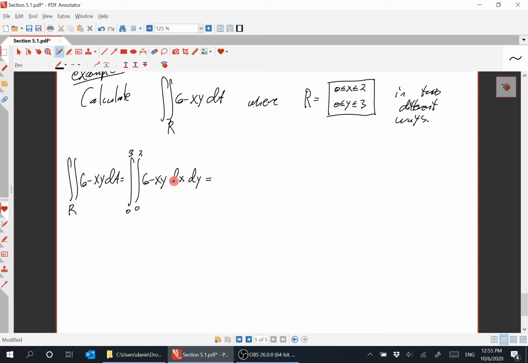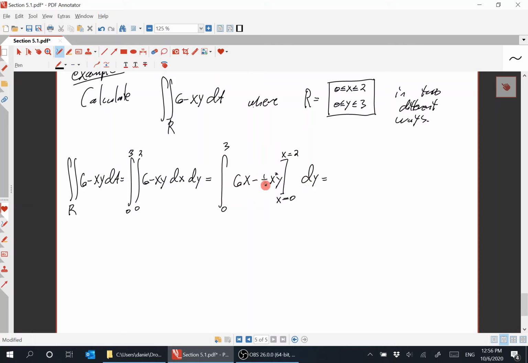So instead of a partial derivative, it's a partial antiderivative. What's the antiderivative with respect to x? Here, it's 6x minus 1/2 x squared y, evaluated from x equals 0 to x equals 2, dy.